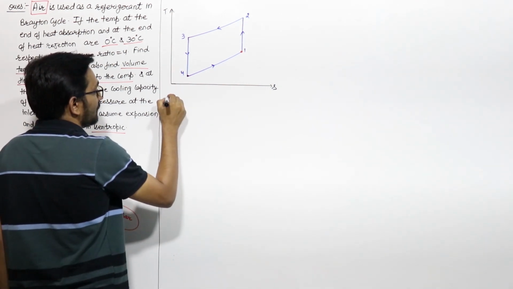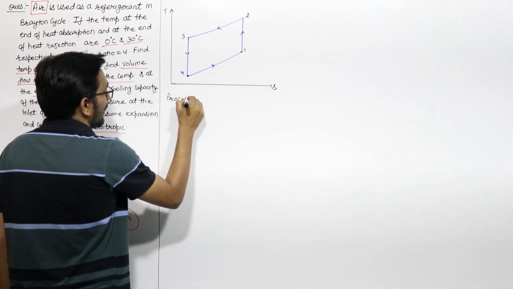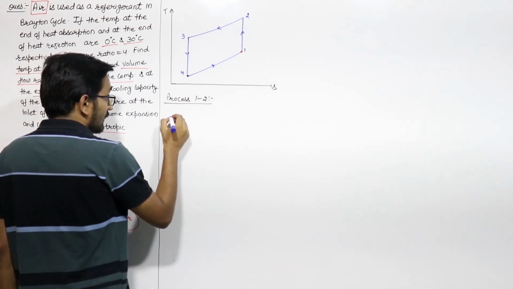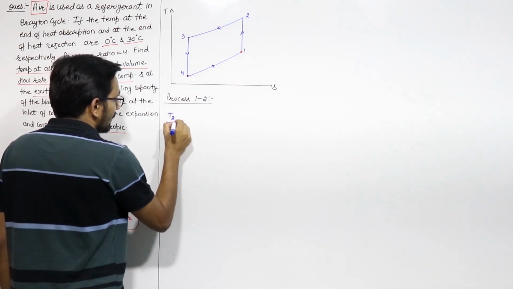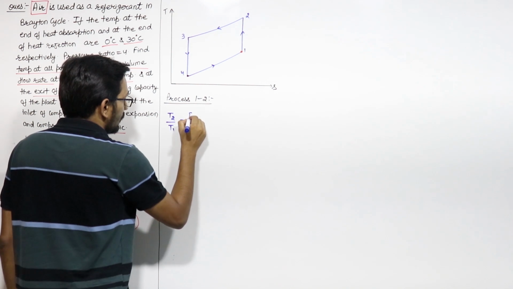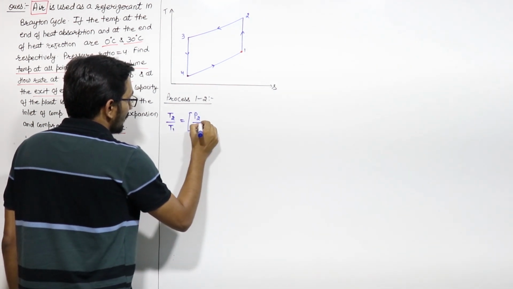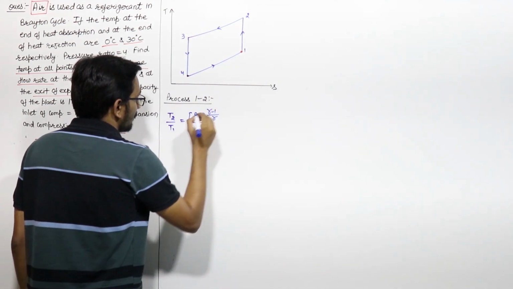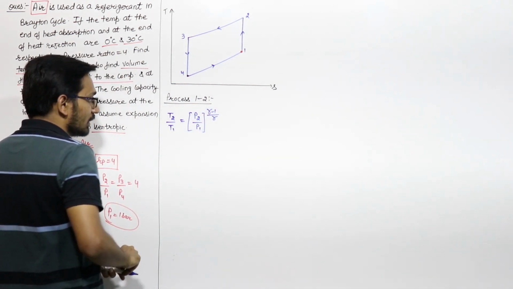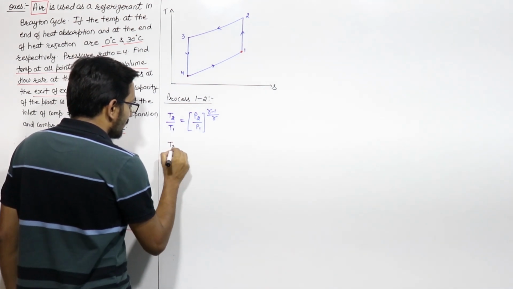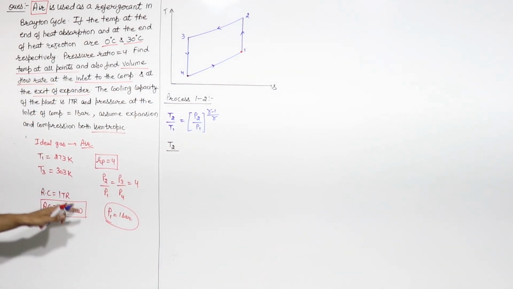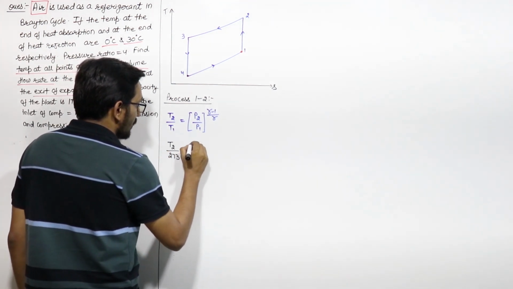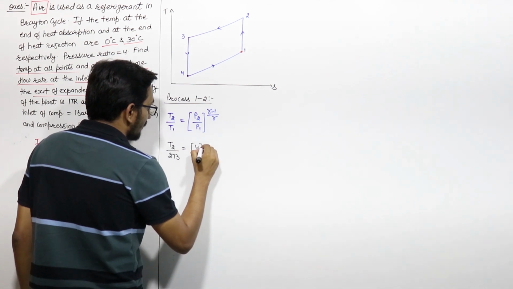For the process 1 to 2, we can write T2 by T1 is equal to P2 by P1 raised to power gamma minus 1 upon gamma. Right, this we know. T1 is 273 and P2 by P1 is 4, given.